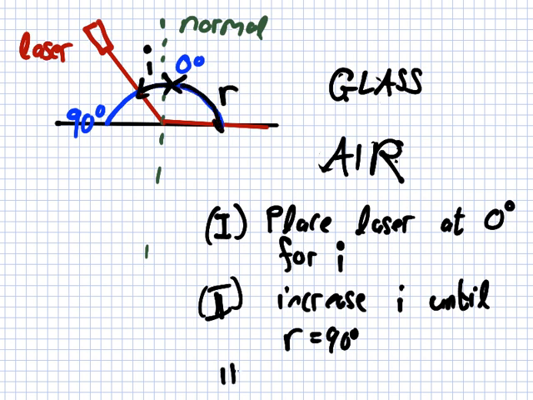And then step 3, the critical angle is equal to whatever the I was to make the 90. It's a very simple experiment.